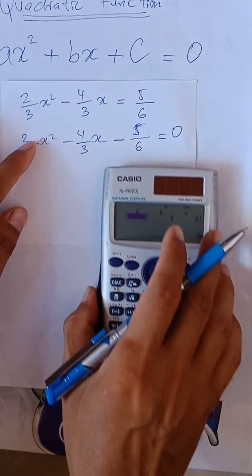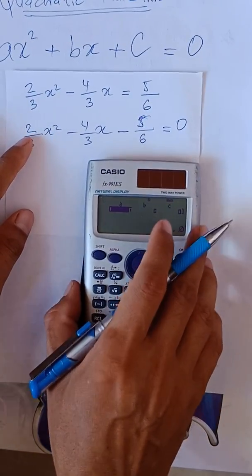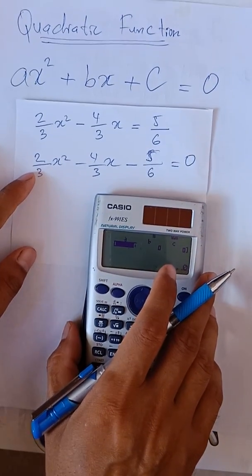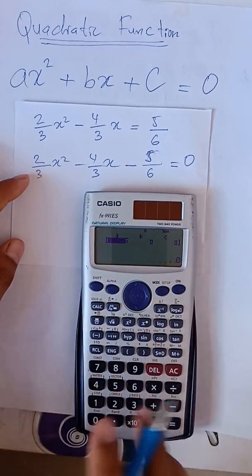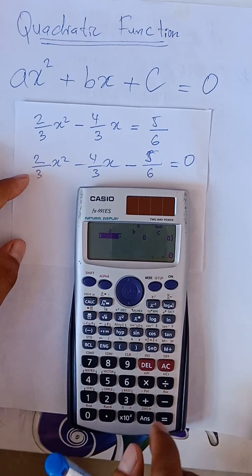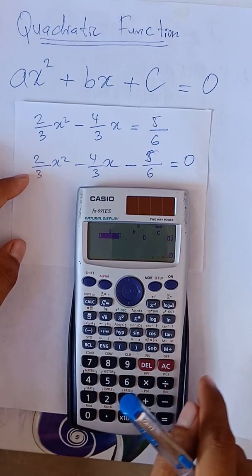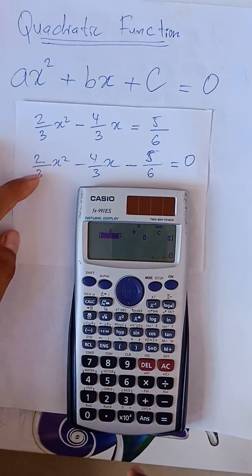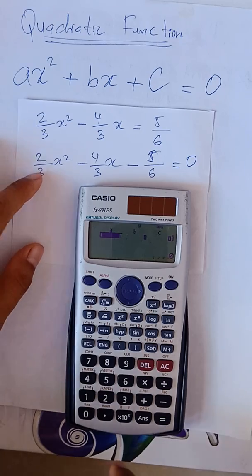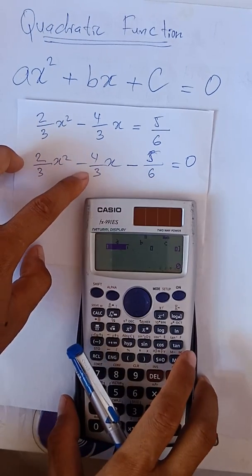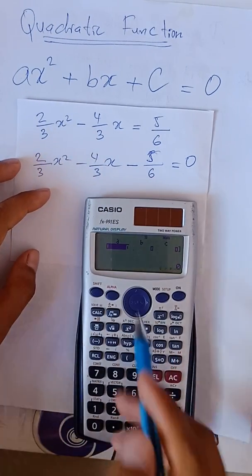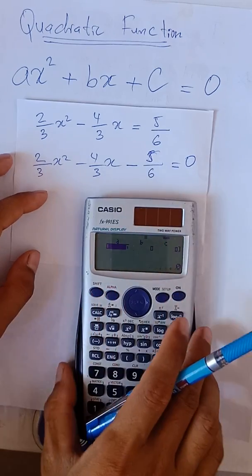So we are working with fractions, but do not panic yet. It's easy. Okay, so our A is 2 over 3, our B is negative 4 over 3, and the C value is negative 5 over 6.